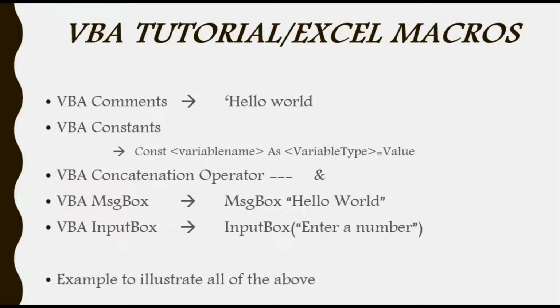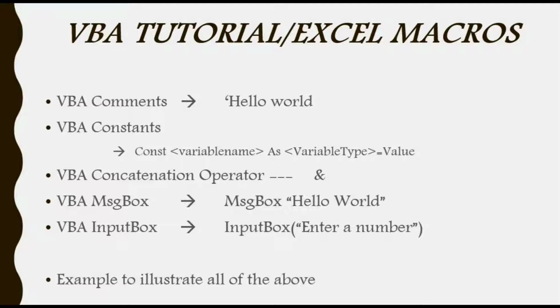Similarly, an input box is nothing but collecting input from a user. Suppose you want to find the area of a rectangle, then you need length and width. If you want to collect them from the user, you can take the values with the help of an input box with some text, the text that you want to display to the user while entering the value.